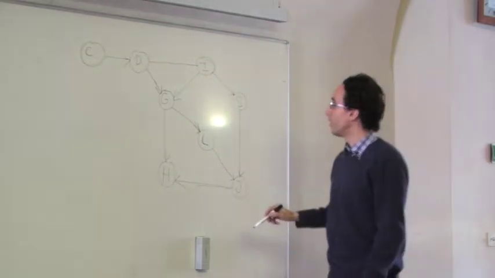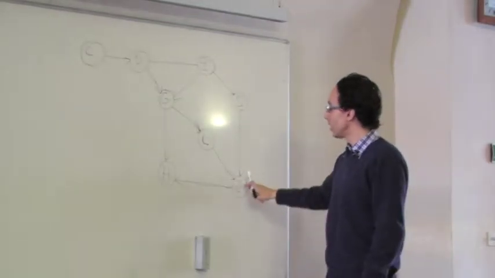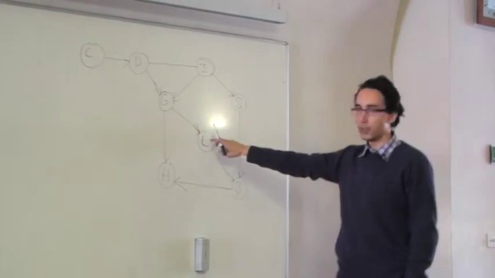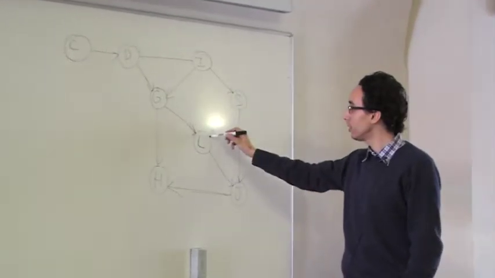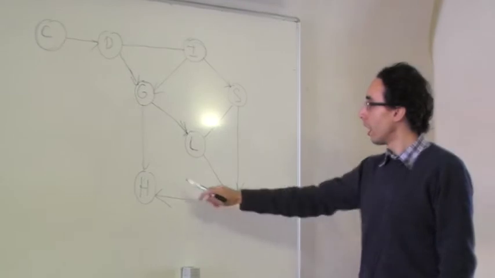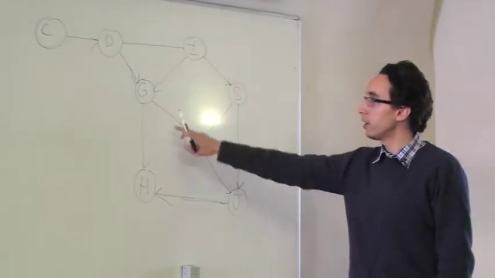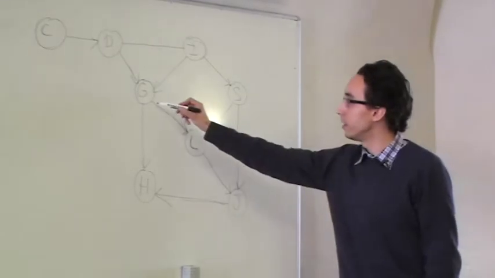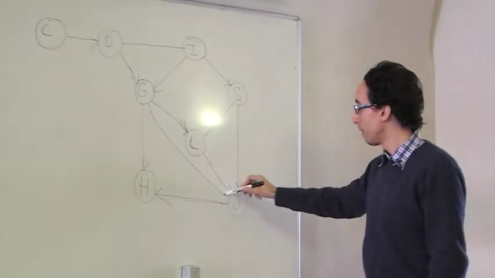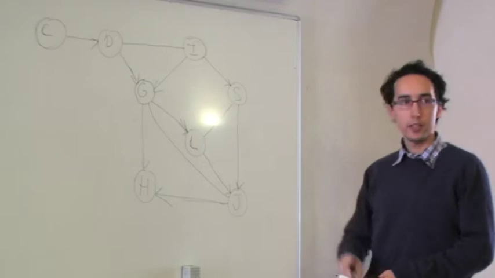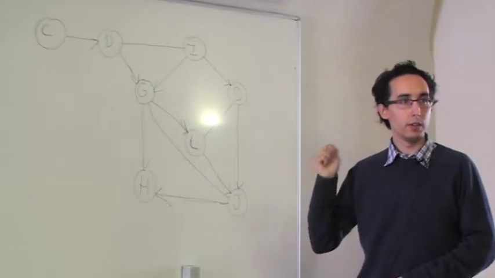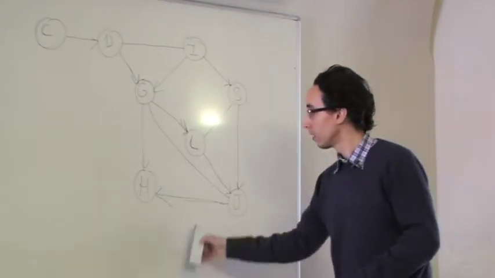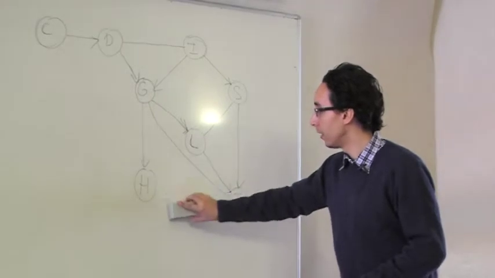The node J has two parents, S and L, so we connect them also. And H has two parents, G and J, so we also connect these nodes. And then we eliminate the direction of the arrows to get an undirected model.